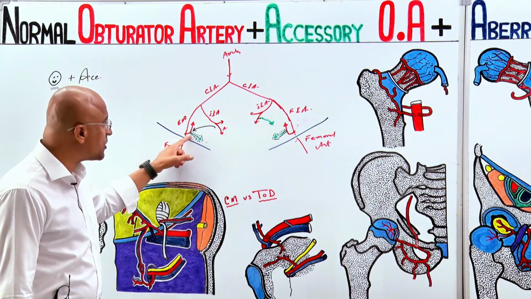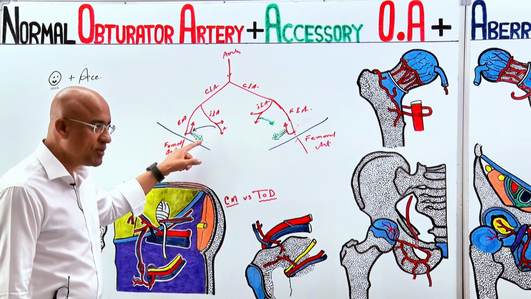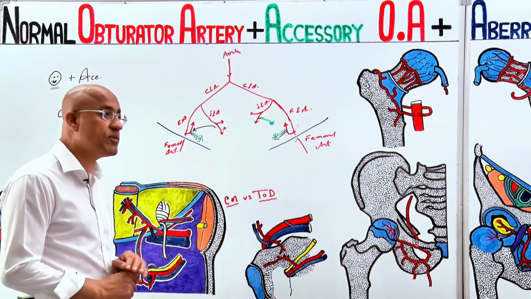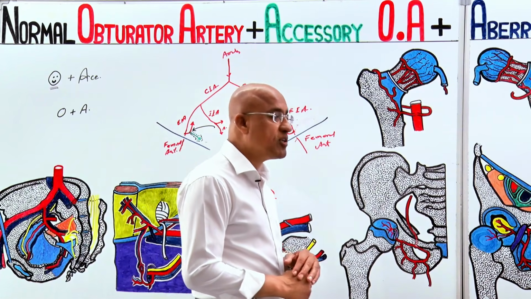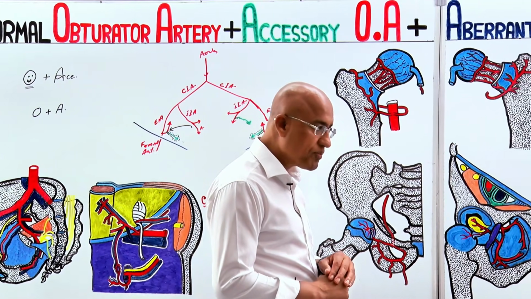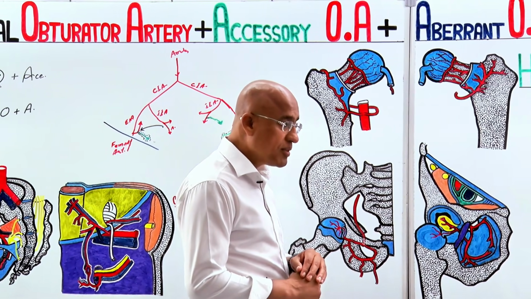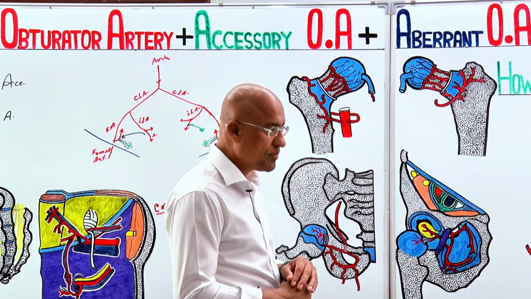Now, this accessory obturator artery, or if there is an aberrant or replaced artery, they are dangerous. Just behind and above the superior ramus of the pubis, they make a very dangerous anastomosis, right?